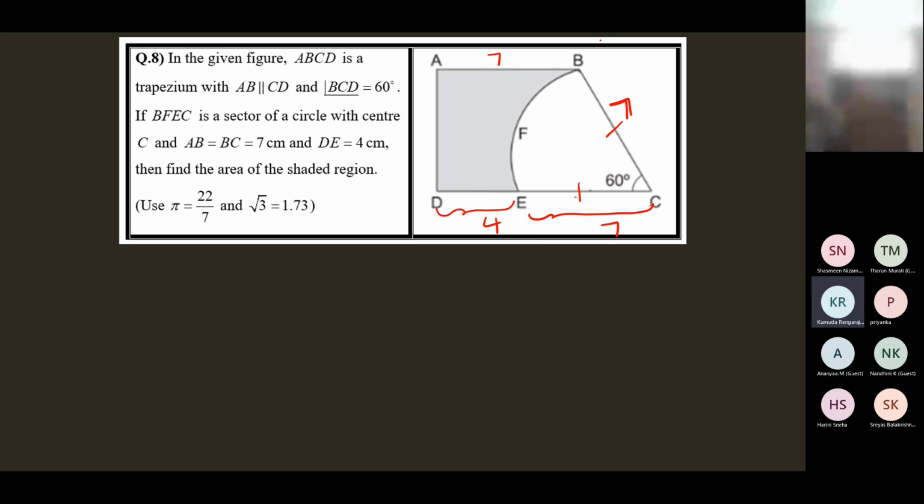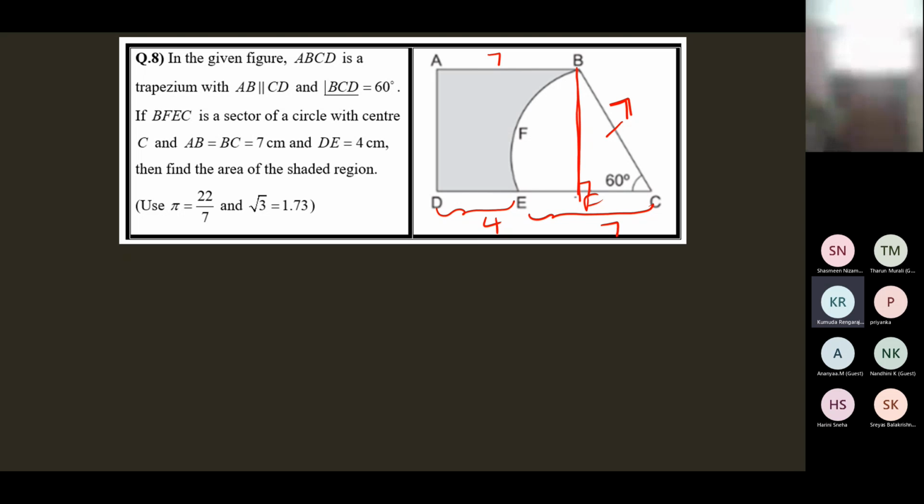So you have to draw a construction: BF perpendicular to DC. Using trigonometry, you should find the length of the line segment BF from the triangle BFC.